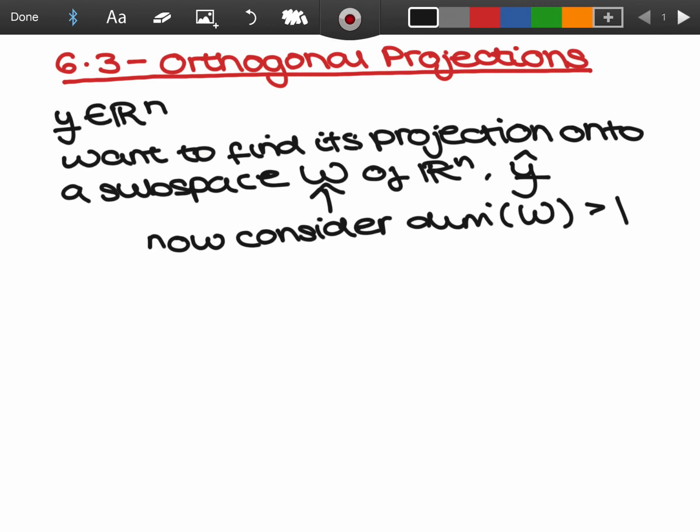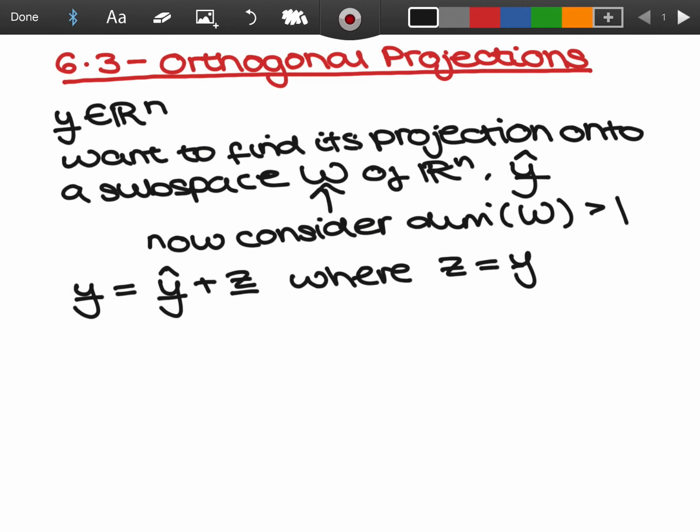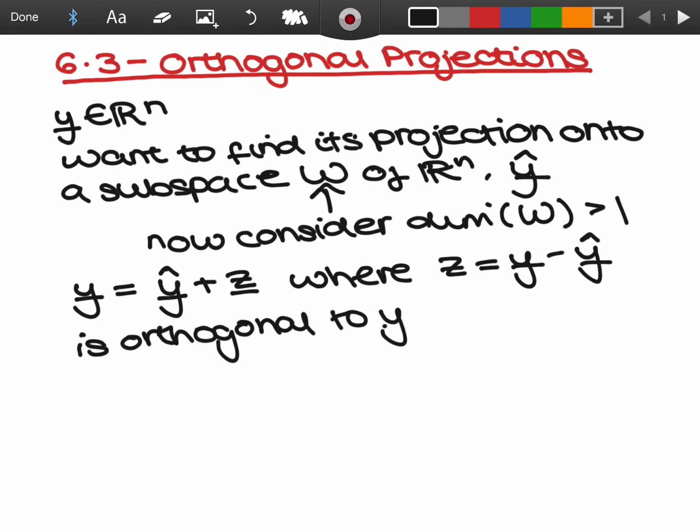So we also want to be able to write y is equal to y hat plus z, where z is equal to y minus y hat is orthogonal to y hat, which means it's orthogonal to W.